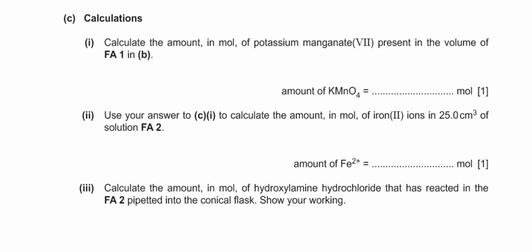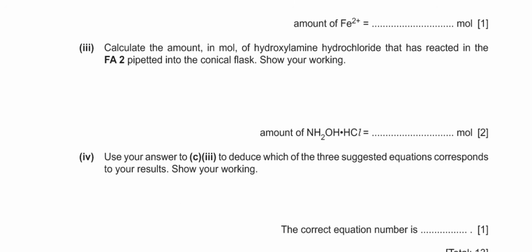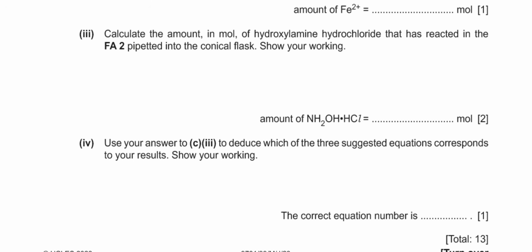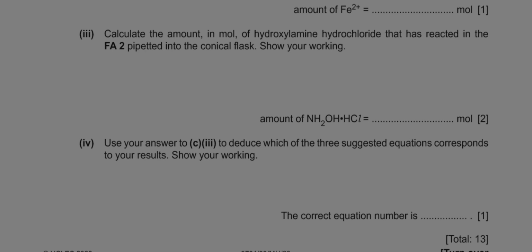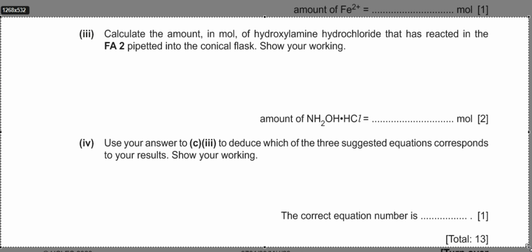So let me solve this part here. This is the final part, final section for this question. Let me write the previous answer in the above part: the previous answer was 2.385 times 10 to the power minus 3. This was the answer of the previous part. Remember that.